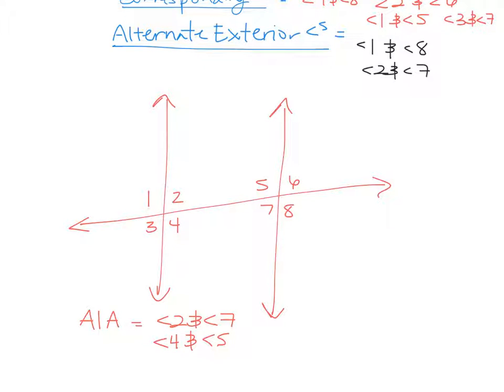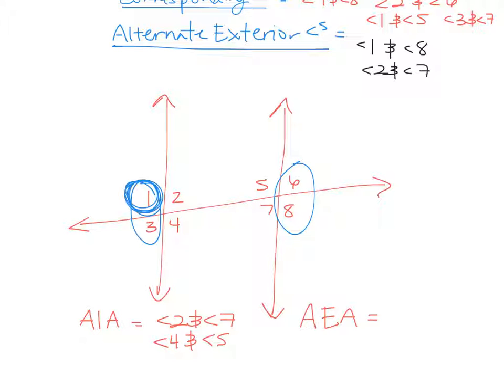How about alternate exterior angles? Okay, so now we want to be outside. That means we're using outside angles. So those are your outside angles. Which ones are alternates? Which ones are on opposite sides of the transversal? Let's say we start with 1.